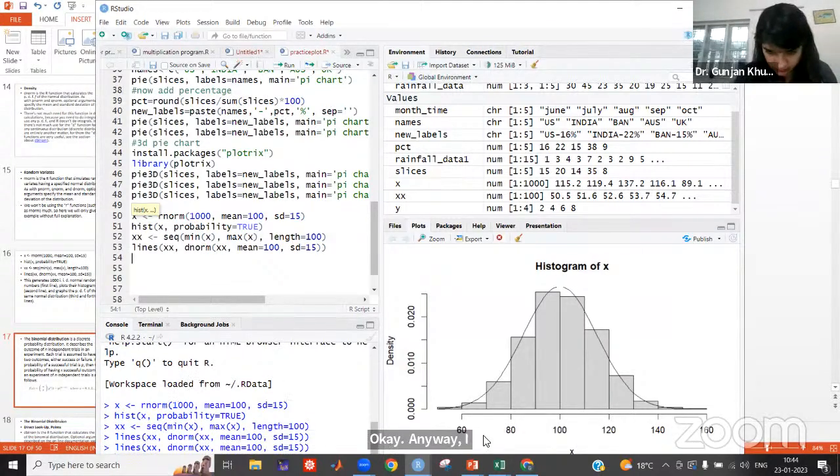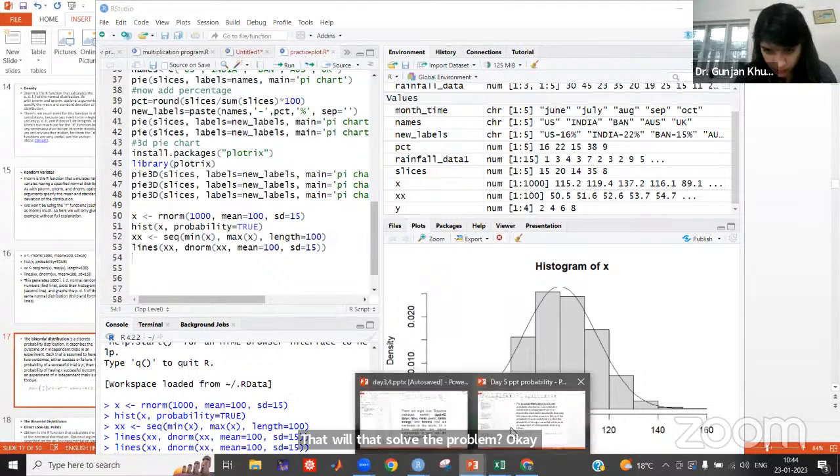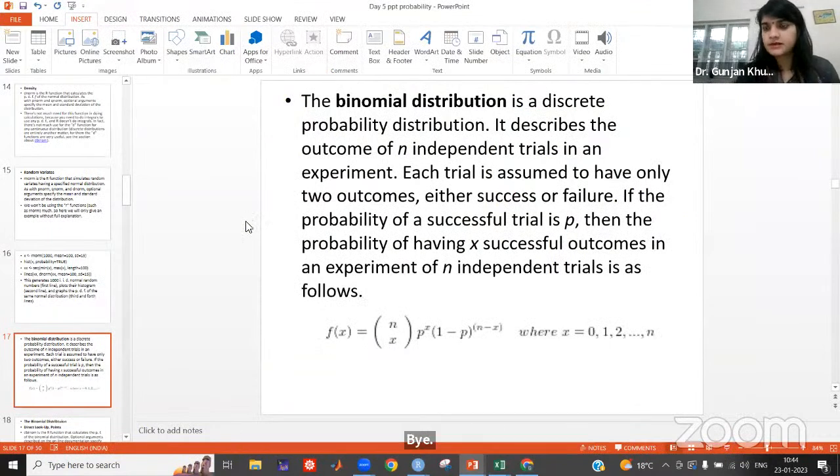Okay, fine. Now we'll come to the next distribution, which is the binomial distribution, and it's a discrete probability distribution. It describes the outcome of n independent trials in an experiment. Each trial is assumed to have only two outcomes, either success or failure.